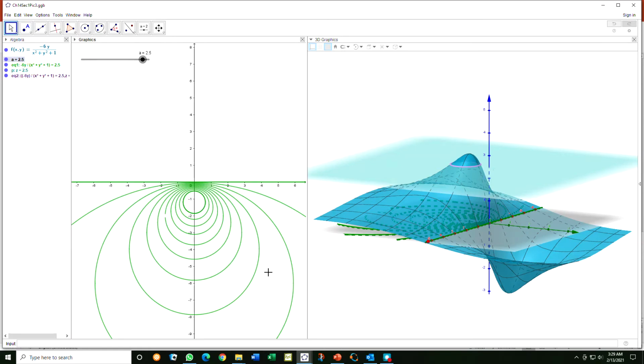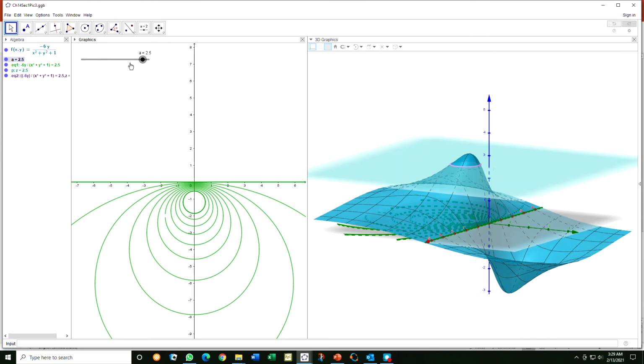Guys, that's about it. I don't think there is anything else that I needed to cover in this section. So far as homework problems are concerned, I just want you to get onto GeoGebra and do precisely what I did here. Type in f of x, y equals negative 6y over, in parentheses, x squared plus y squared plus 1.